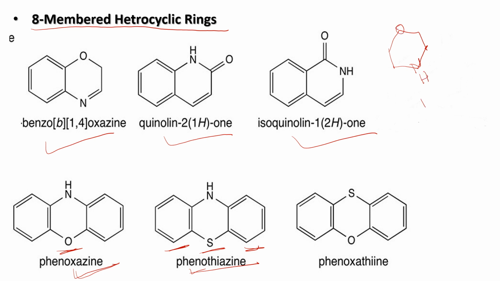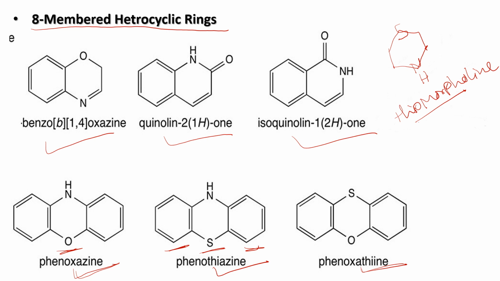This is morpholine. You just have to replace this oxygen with sulfur, and it will become thiomorpholine. This thiomorpholine fused with two benzene rings will become phenothiazine. Then coming to next, phenoxathiin.